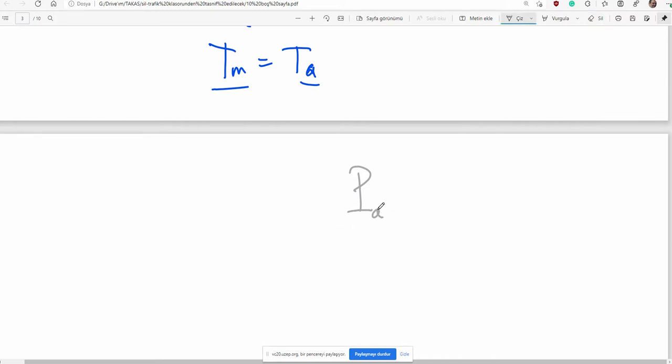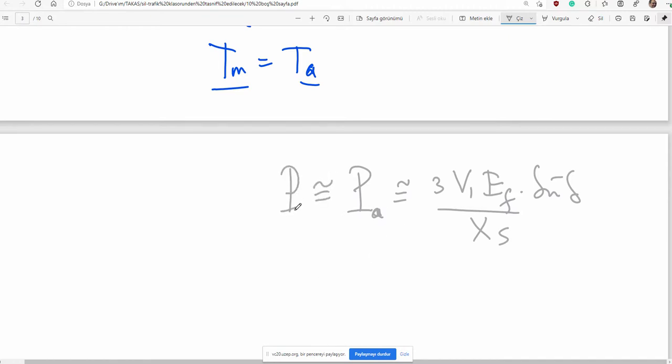That is the armature power, approximately equal to 3 times voltage, current, E_F sine delta over X_S, and it is approximately equal to electric power when armature resistance is neglected.